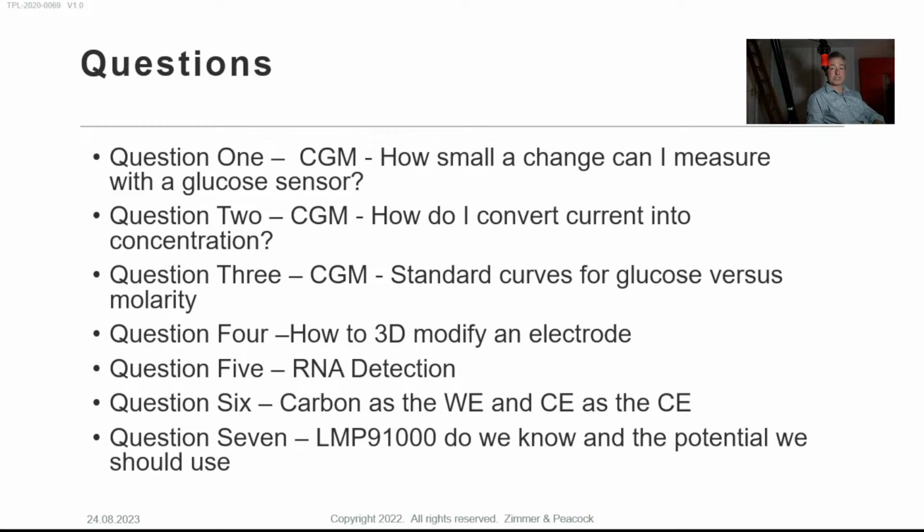Open source potentiostats are an interesting kind of university exercise, but actually there are so many good chips out there these days that it's more about programming than doing electronics. Anyway, I will discuss it. Yes, we have heard of it. And by the way, if you're going to use a ZP sensor with your own open source potentiostat, the potential that you need to apply at the working electrode versus the reference electrode is 650 millivolts.